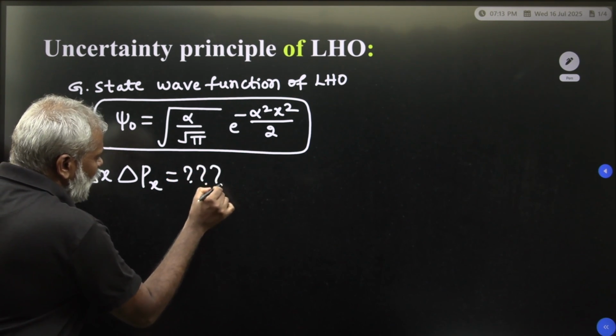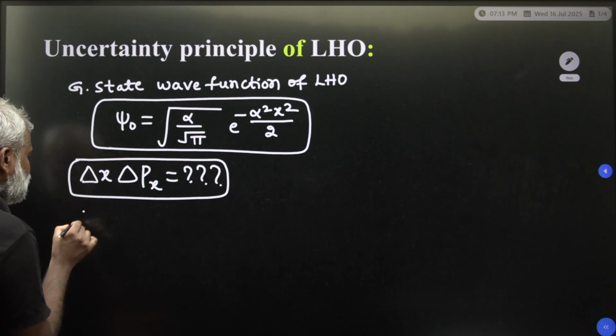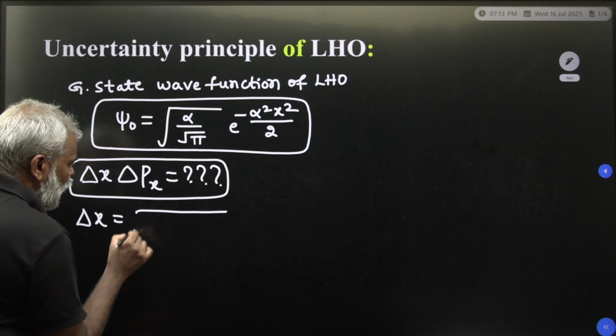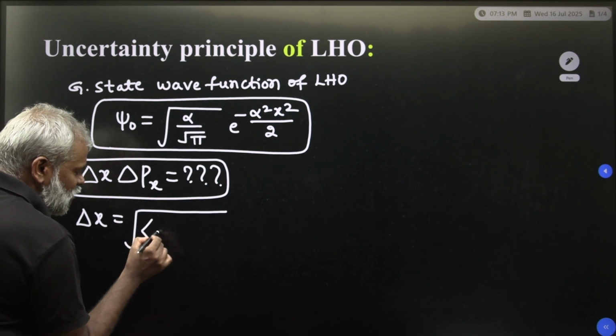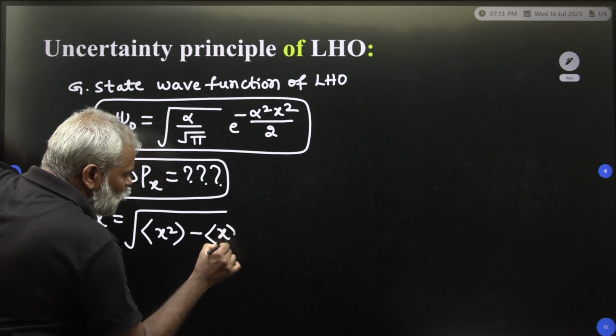How we have to calculate is our ultimate goal. We know that the uncertainty in the position is equal to the square root of mean x square minus mean x whole square.